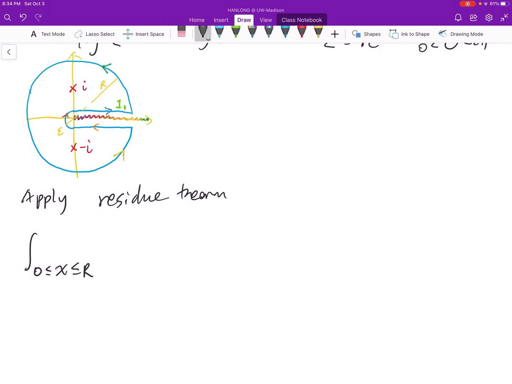So x is from 0 to R, and y is fixed to be epsilon for the horizontal interval in the first quadrant, of (log z) squared over z squared plus 1. We'll plug in the value of log z in the next step. So first, we just specify the contour.